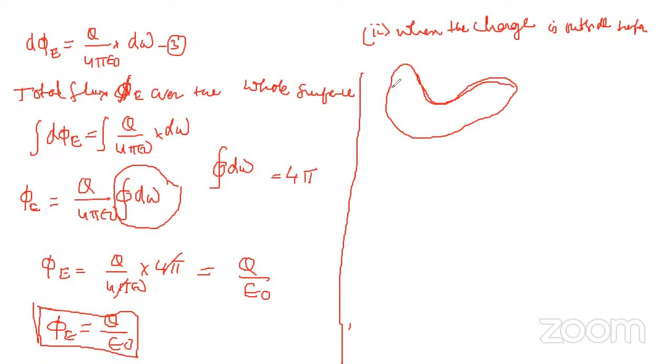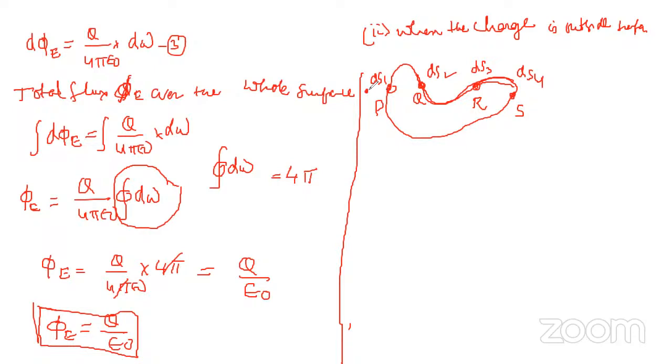In this case, what we'll do is take a smaller area at this point, and at this point, as well as at this point. This smaller area we call DS1, this is DS2, this is DS3, and this is DS4. This is the point P, this is point Q, this is point R, and this is point S. These are the points. So now we will take a point outside the surface.